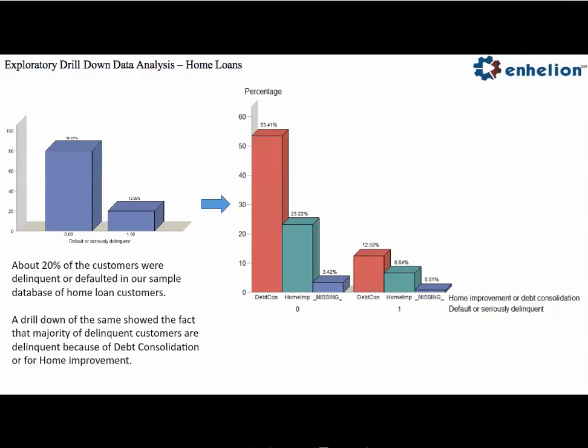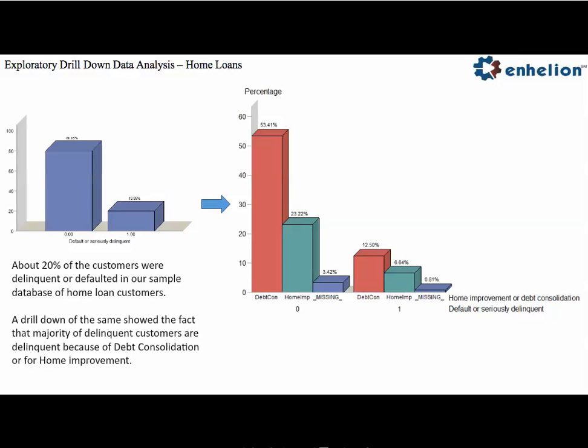Now, if I break this frequency distribution down by another cross-sectional variable, like the reason why these customers have taken the loan, and see how the delinquent versus non-delinquent distribution falls, I see that for debt consolidation, the majority of them fall under non-delinquent customers.